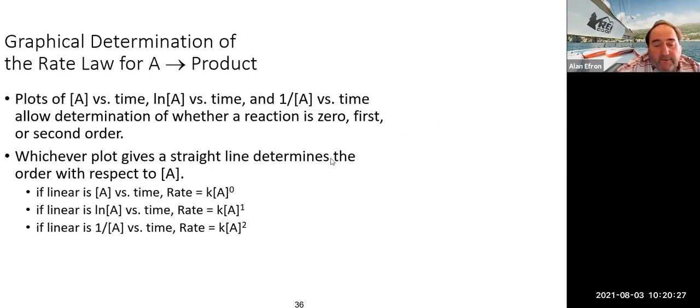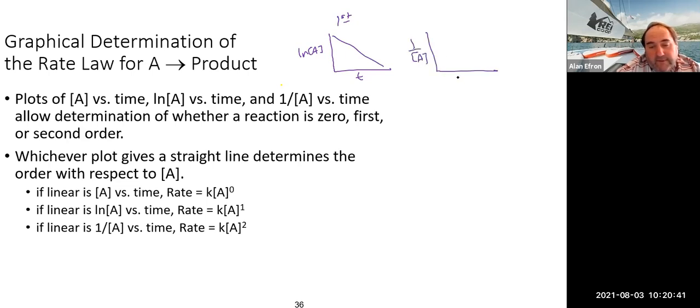You can do your natural log of A versus T, which would be first order. You could do your graph of 1 over A versus T, which would be second order. Or you could do your graph of A versus time, which would be zero order.